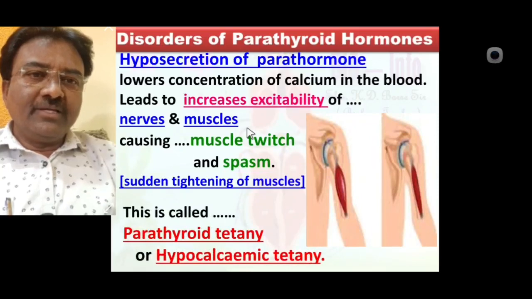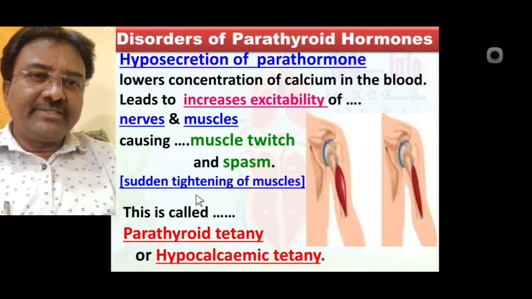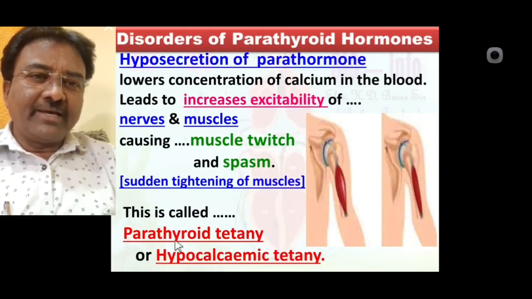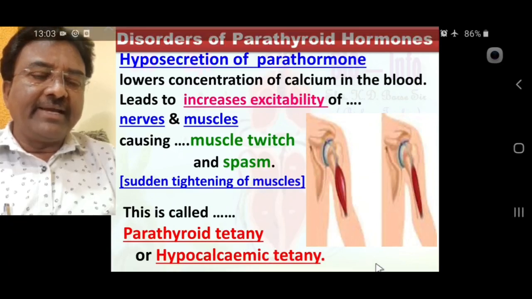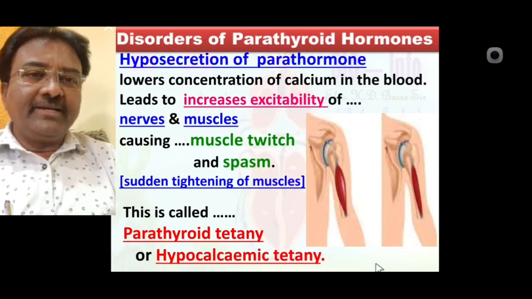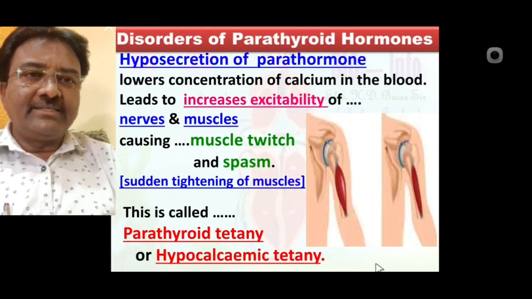So this is called parathyroid tetany, due to sudden tightening of muscle. Such a condition is called parathyroid tetany, also called hypocalcemic tetany. Simply, tetany means sudden tightening of the muscles.